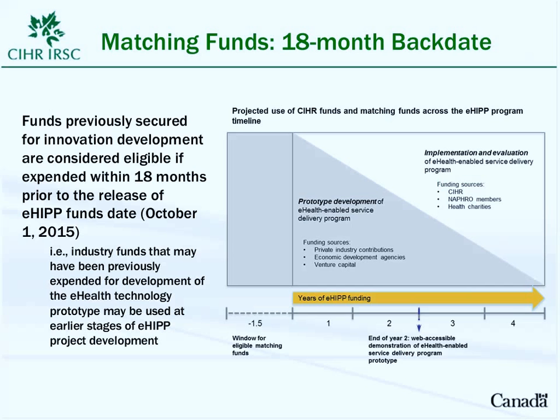We do recognize that small, medium-sized enterprises are typically not cash wealthy, and furthermore that other economic development agencies in Canada have often invested in these industries to make them successful. We wanted to leverage that investment and take advantage of that, and so we've put a back window date for permissible matching funds back 18 months from the date of funding, which would be October 1st, so that the money that has been invested in getting these companies and their technologies up to a technology readiness level that is suitable for implementation in live patient environments was possible.